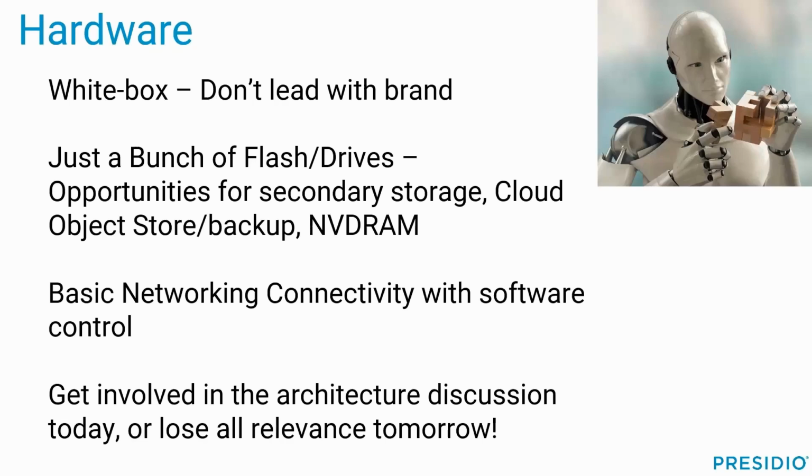They tend to treat storage as just a bunch of drives or just a bunch of flash. There are a lot of opportunities here to take the data and copy it off, right? So secondary storage is huge, and cloud object storage is huge. And you also probably want to start looking at NVDRAM, which is non-volatile RAM.